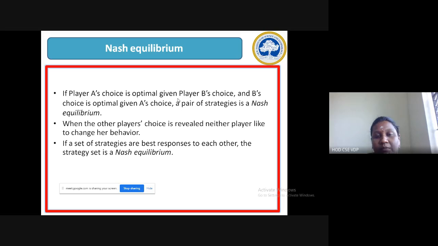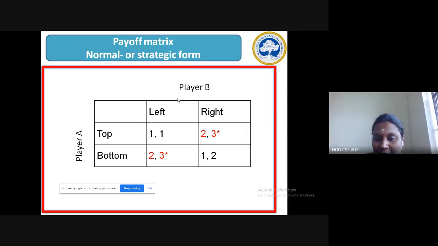If both of them don't stay silent, actually they confess, in that case they're going to get 2 years each. No, that is not a proper thing. Or the other way is both of them staying silent, which is also a Nash equilibrium, right? Because both of them are going to get minimum punishment. So in that case you'll have two Nash equilibrium values.